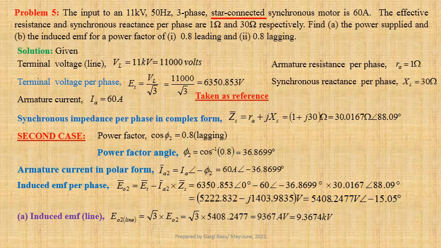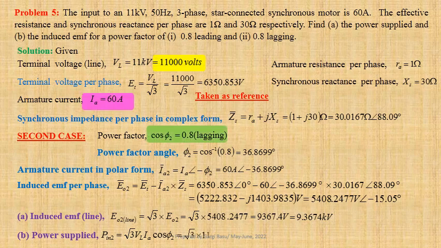Now we shall calculate power supplied to the motor. P in 2 equals root 3 times VL into Ia cos phi 2. Using values we get root 3 into 11,000 into 60 into 0.8. That gives us 914.5228 into 10 to the power 3 watt or 914.5228 kilowatt.